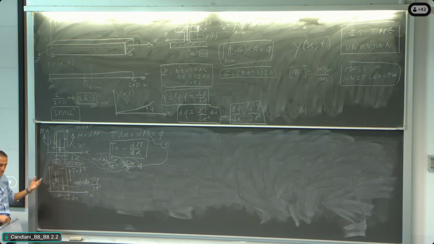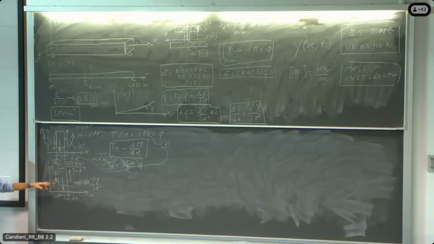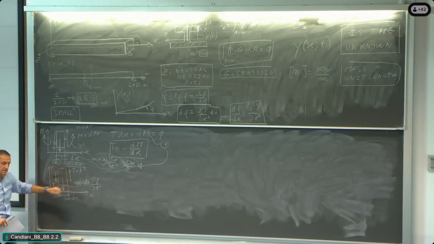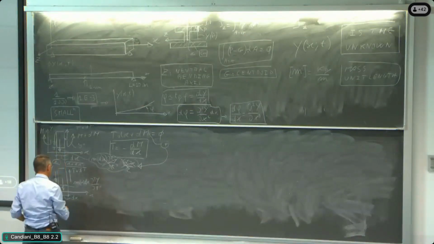That's it. It's finished. We are just saying that. And so what we are saying is that the transversal forces that are acting on this element are the shear on the left, the shear on the right, and the inertial force itself.